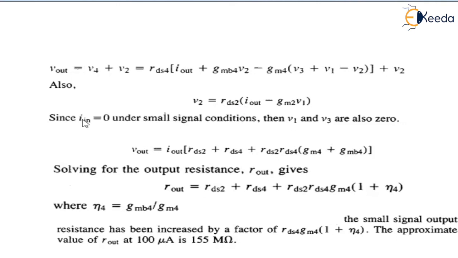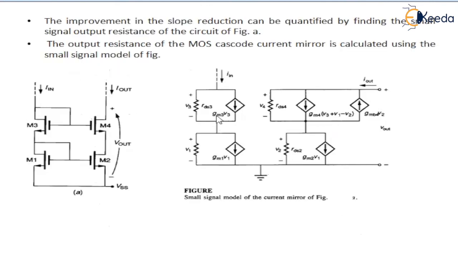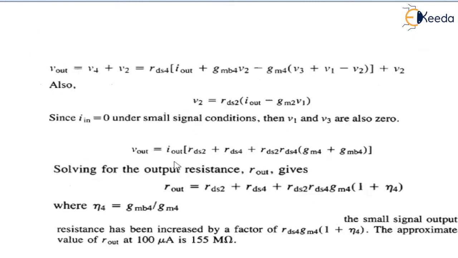Since I in is equal to 0 under small signal condition, V1 and V3 are also 0. Putting all the values and finding V out, we get V out equals I out times (RDS2 plus RDS4 plus RDS2 RDS4 GM4 plus GMB4 RDS2 RDS4), and solving for the output resistance, this is the output resistance.